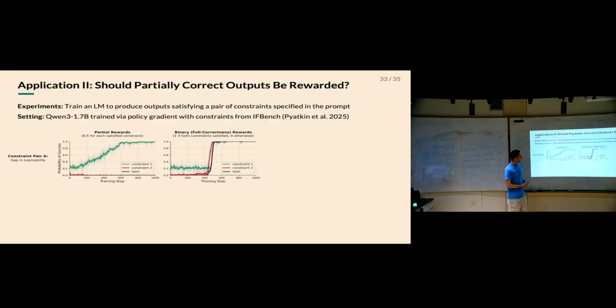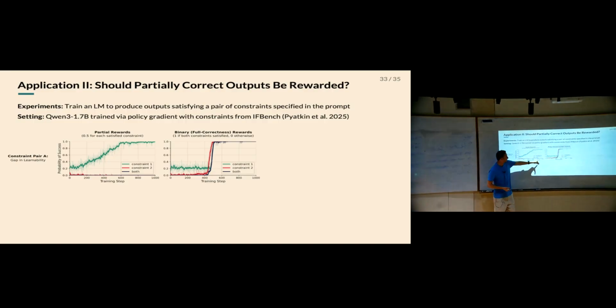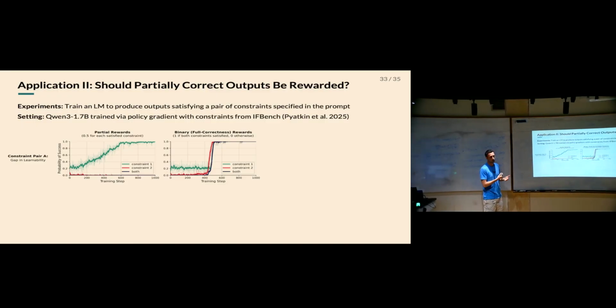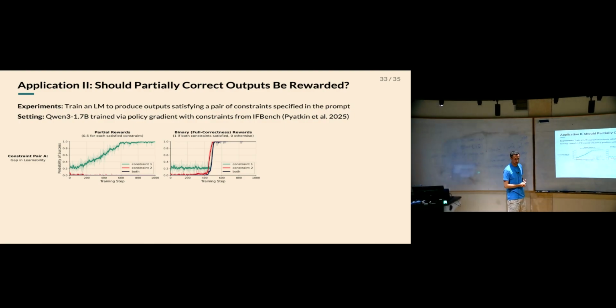On the other hand, if we only reward fully correct outputs, initially it may take us longer to get any signal, but once we get enough examples that are fully correct, the model will quickly learn to satisfy both. So we actually learn the correct objective much, much quicker, even though we don't give partial rewards.